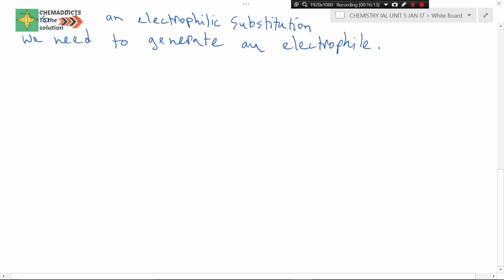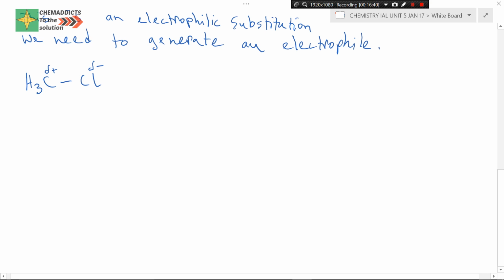Okay, so here is the equation for generating the electrophile. Here we're gonna have chloromethane, CH3Cl. So here we have these bonds. The carbon-chlorine bond is polar, carbon being more delta positive and chlorine being more delta negative.